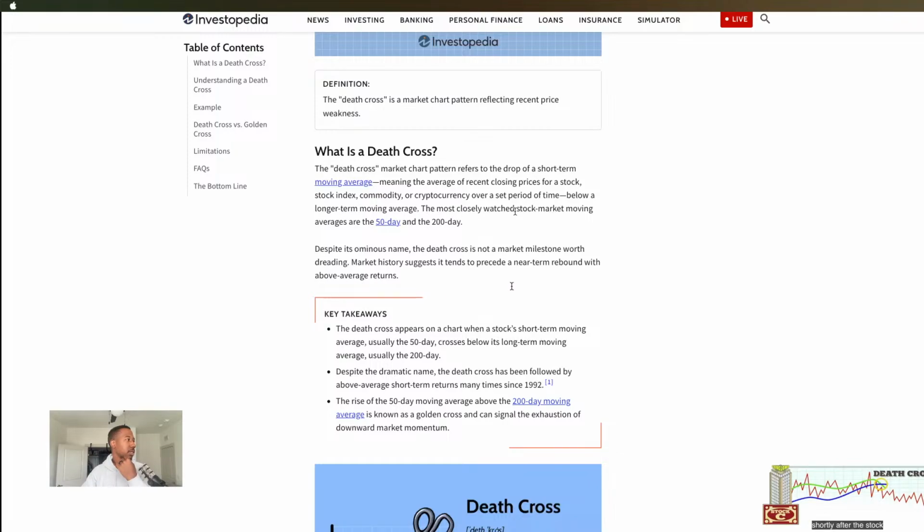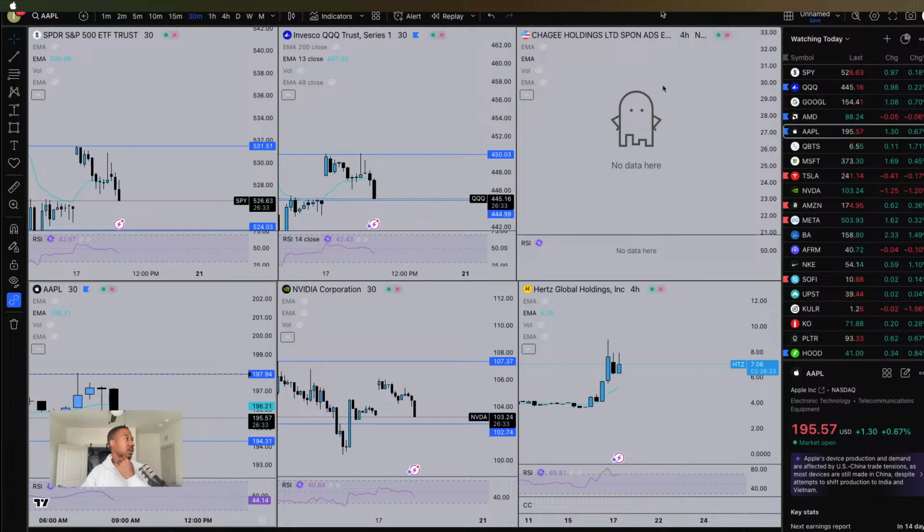So okay, it's the 50 and the 200. Despite the ominous name, the death cross is not a market milestone worth dreading. Market history suggests it tends to precede a near-term rebound with above-average returns. All right, so there's that.